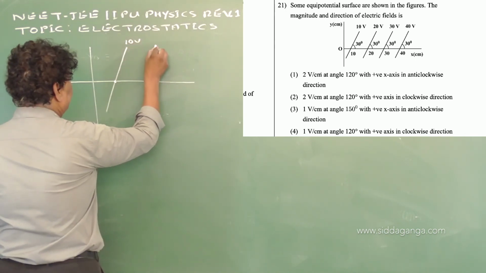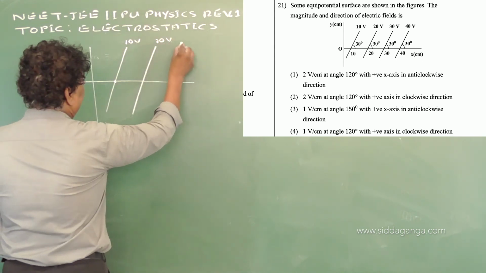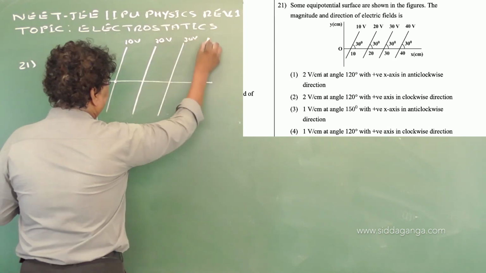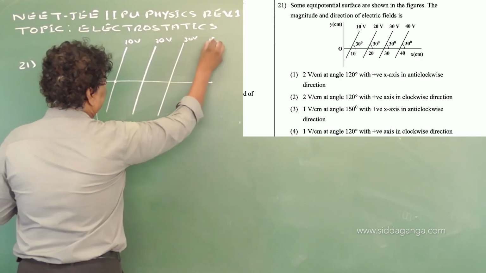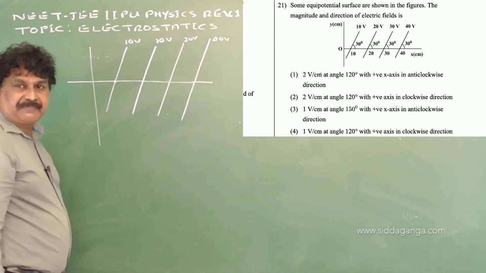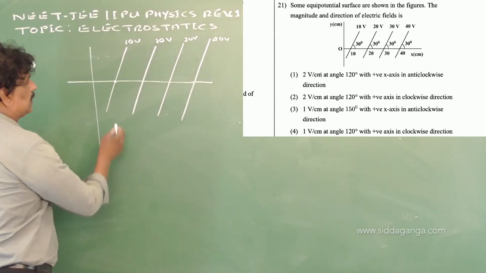The next point is at 20 volt. Then this is 30 volt. This is 40 volt. And we know that the electric field is always perpendicular to the equipotential surface.